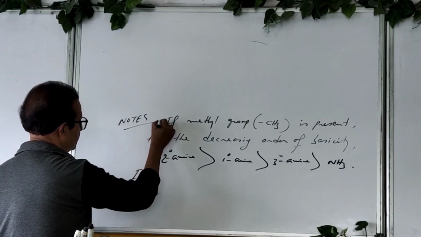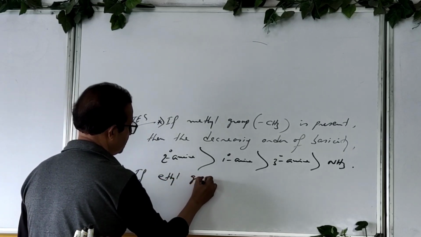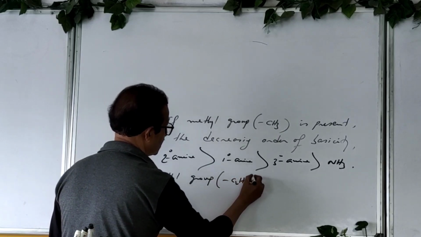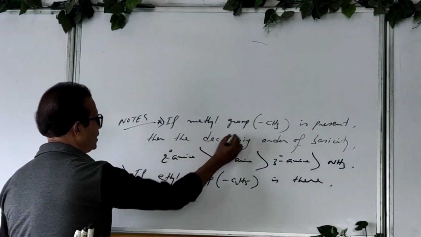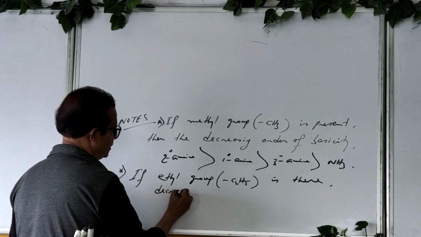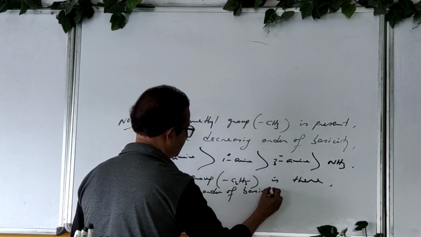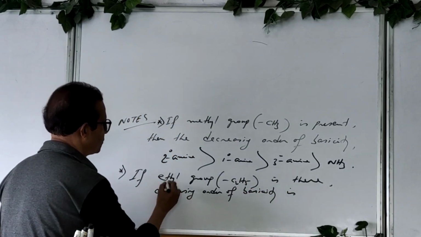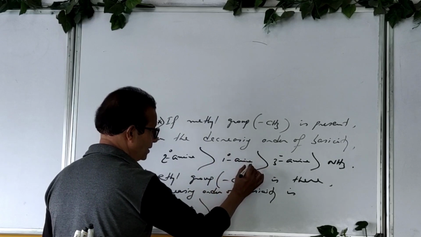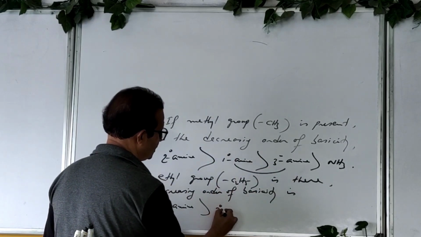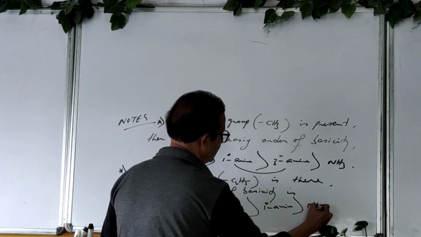If an ethyl group is there, the decreasing order of basicity is: 2 degree amine, whether it is methyl or ethyl, 2 degree amine is more basic, but here the changes are there. 3 degree amine is more basic than 1 degree amine and it is more basic than ammonia.